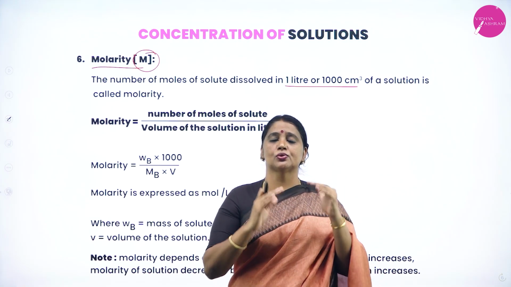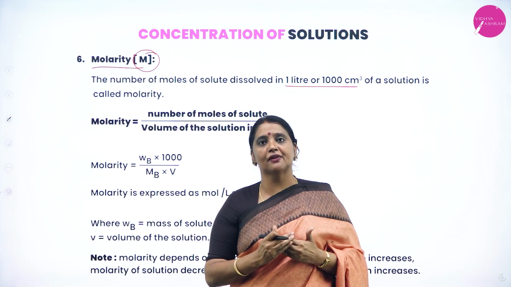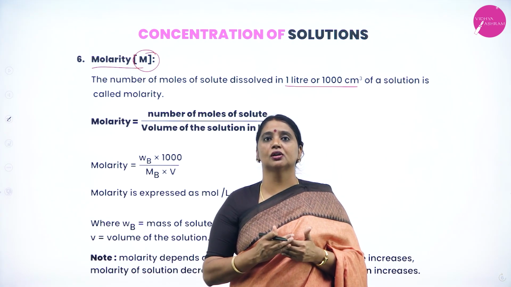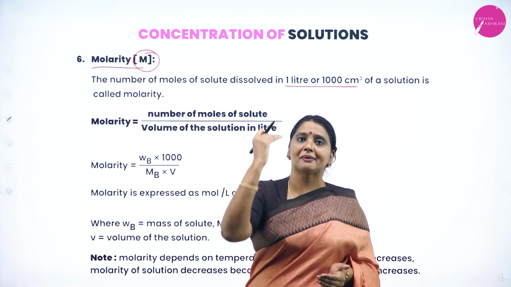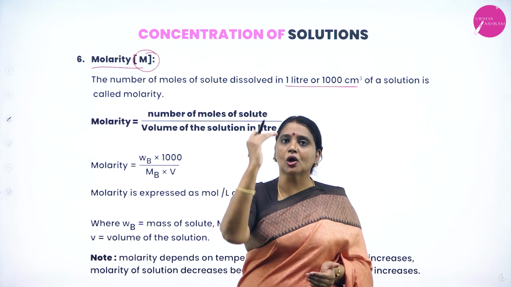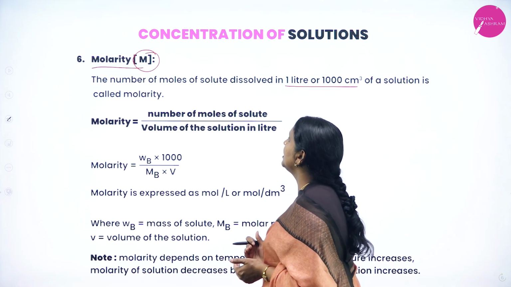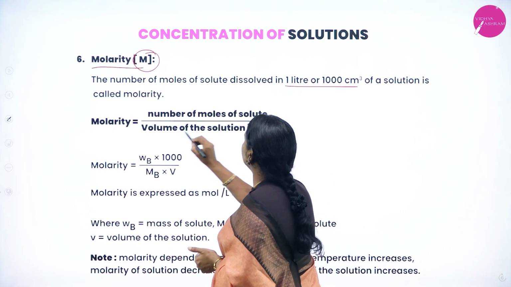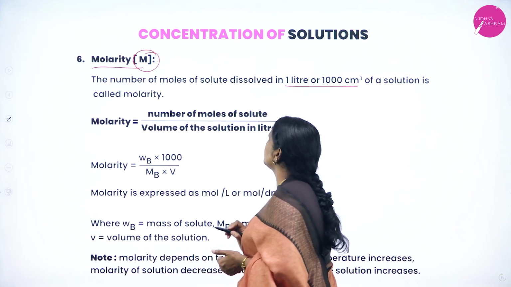So, my dear students, once again I will repeat, what's the definition for molarity? Molarity is defined as number of moles of solute present in 1 liter or 1000 cm cube of the solution. Therefore, molarity is equal to number of moles of solute divided by volume of the solution in liter.